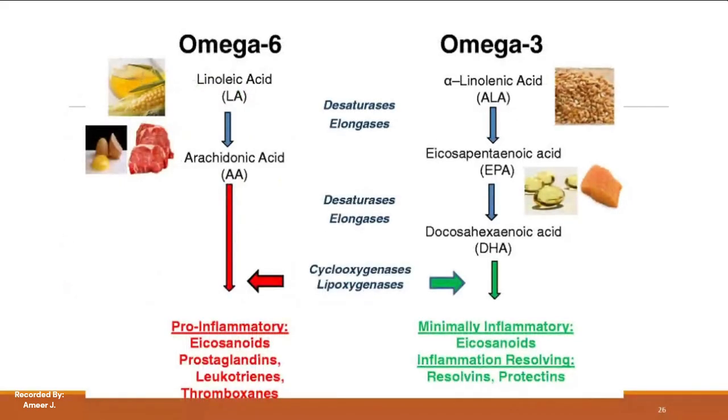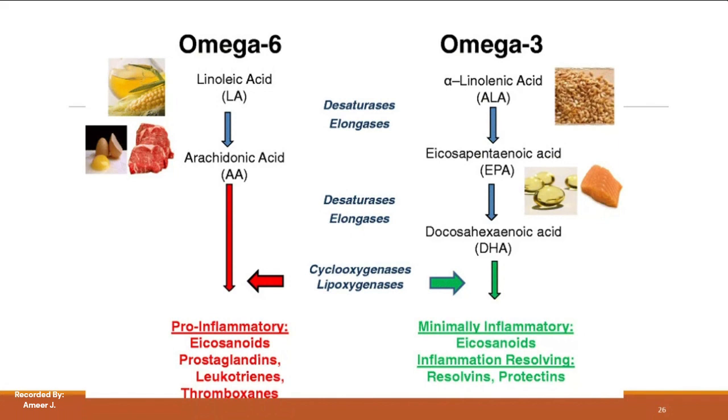Well, you can see in the picture the pro-inflammatory part includes eicosanoids, prostaglandins, leukotrienes, and thromboxanes, converted from arachidonic acid and linoleic acid, and the minimally inflammatory part includes eicosanoids, and inflammation resolution includes resolvins and protectins.